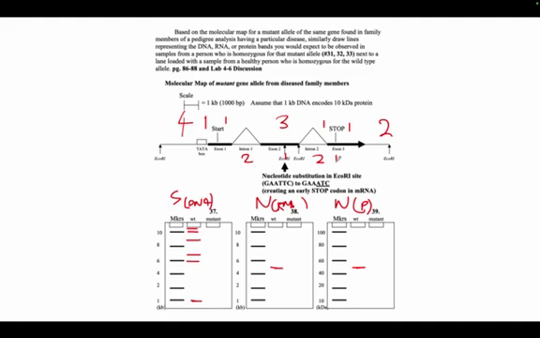But this will have a secondary effect of knocking out this EcoRI site. Since this no longer has that 6 nucleotide recognition sequence of EcoRI, we will no longer get digestion at this site. So this is going to change the nature of the bands within the DNA sequence as well.